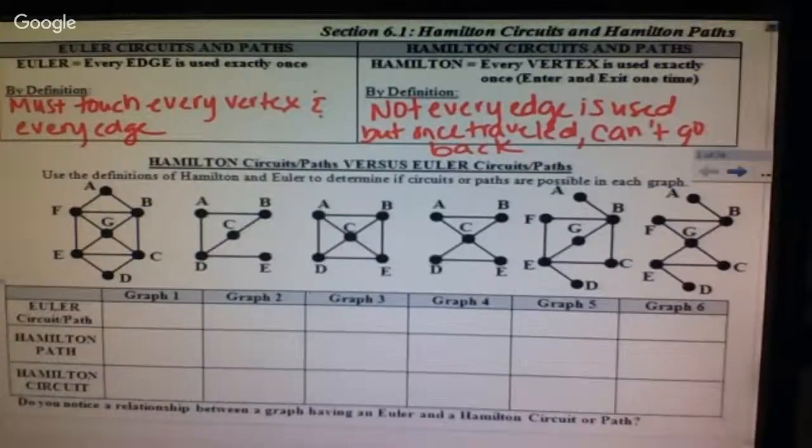Want to take it back? I'd take that back. It's a circuit. This one should be a circuit. If you count your degrees, A has 2, B has 4, C has 4, D has 4, E has 4, F has 4, G has 4. So this should be an Euler circuit.